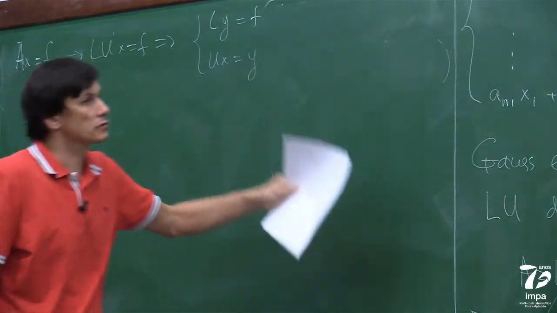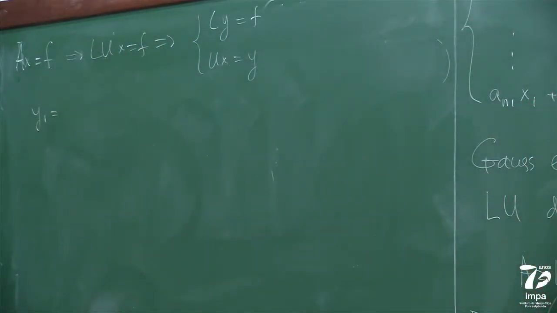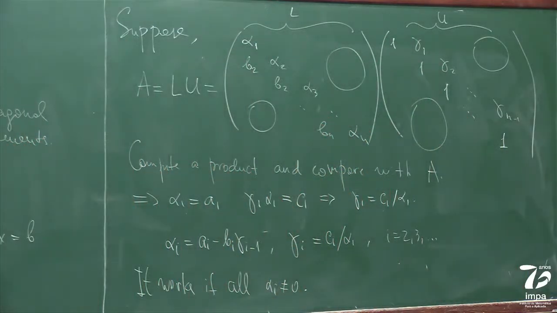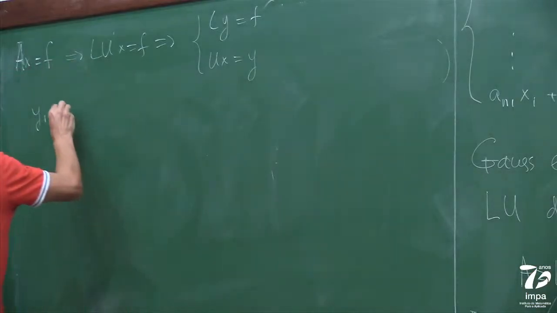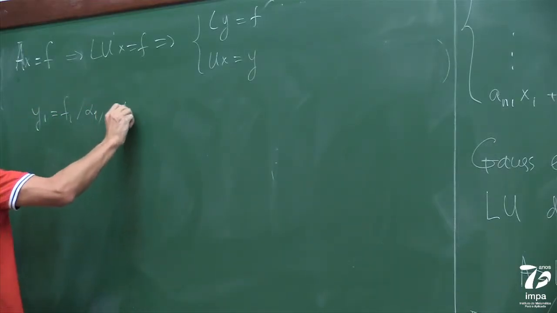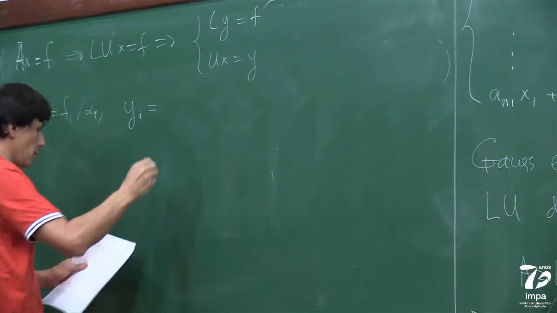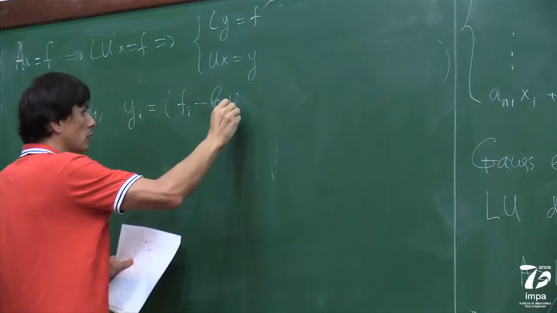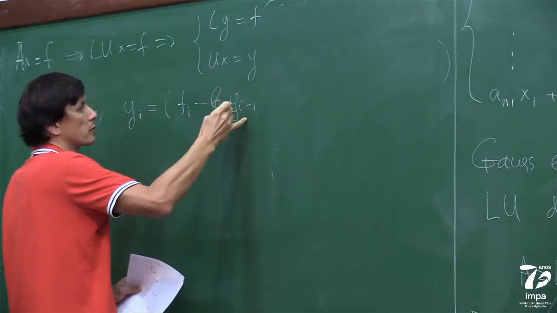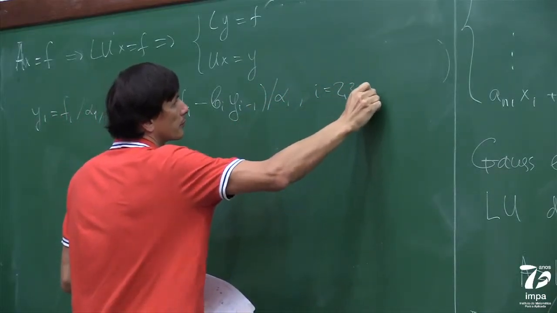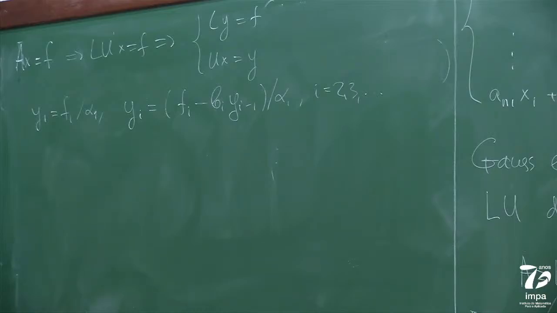For the first equation, it will be alpha 1 times y1 equal f1. So we find y1. And then for the second equation, by substitution, you find all the rest. So yi is fi minus bi times y i minus 1, so just check it, where you substitute the previous one, divided by alpha I, for i equal 2, 3, and so on. So you find all components of the first equation.